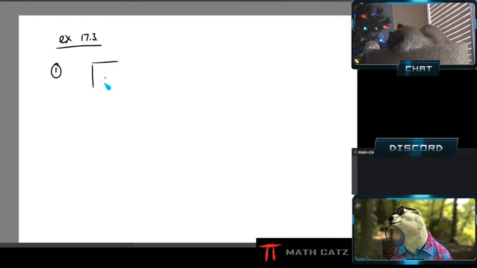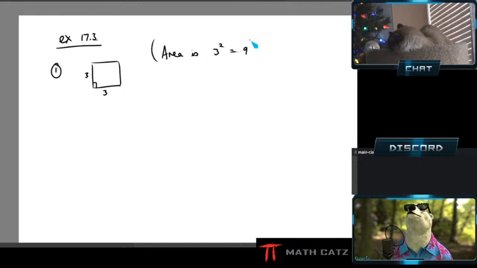So they ask me for a few, and they ask me for some simple ones that I happen to have a formula for anyway. If I look at the square and I have a side length 3, then I know already the area is 3 squared, so 9 square units, whatever the units are, I don't care right now.